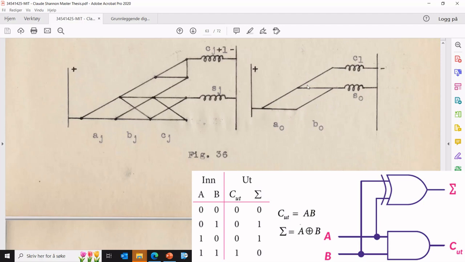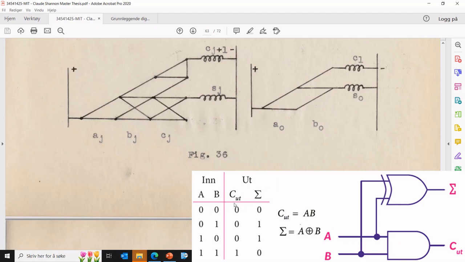And in order to get something out on C1, both A0 and B0 must be equal to 1. And we can make a truth table out of that, where we have A and B in, and we call it C out, which is the carry here, C1, and sigma is the S0. This is taken from an ordinary textbook.